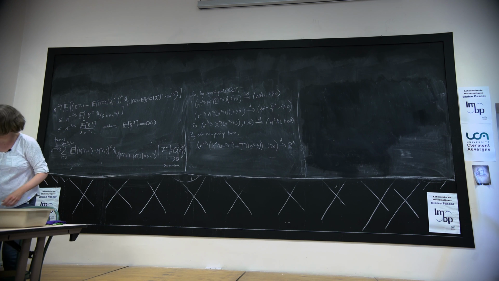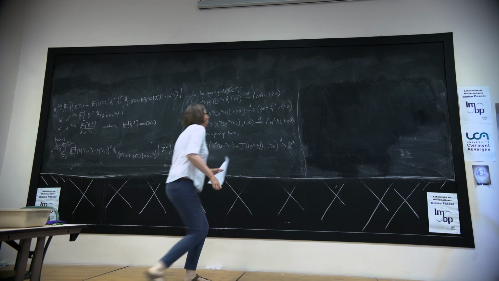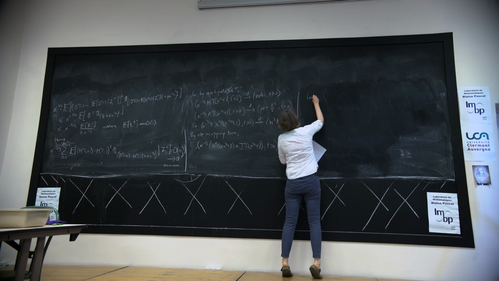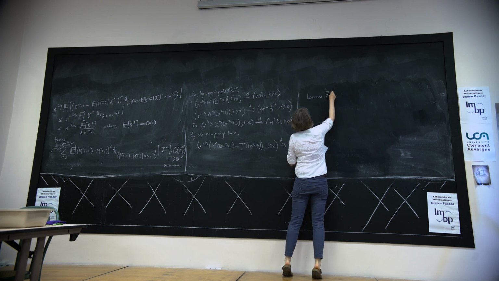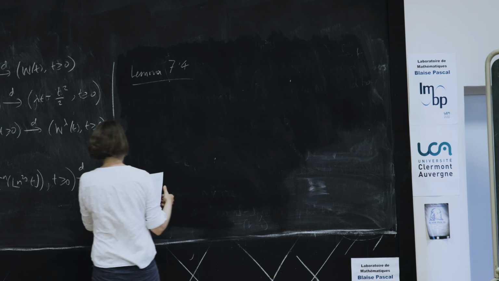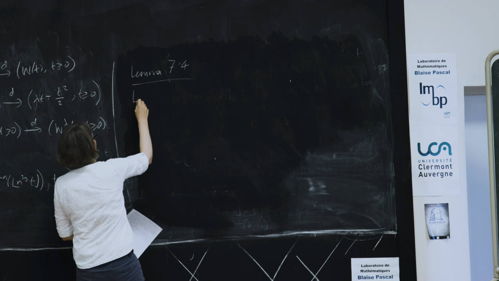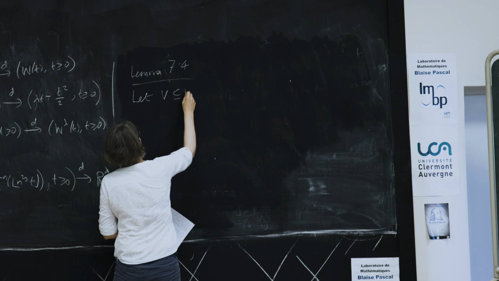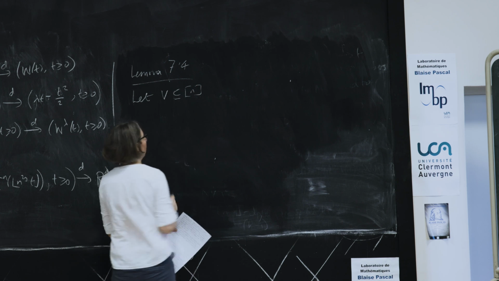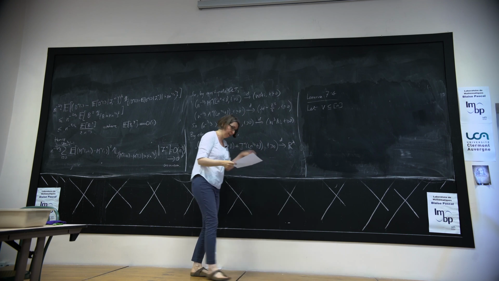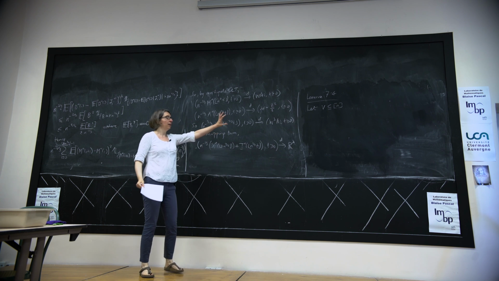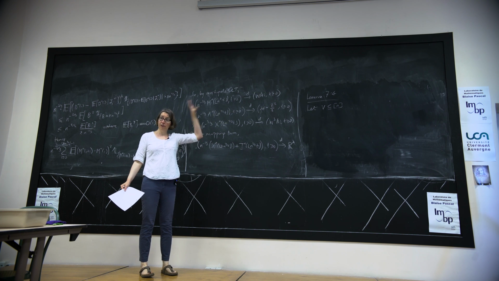So I think this is lemma 7.4 in the notes. Okay, so let me take some subset V of my vertex set. So I've got n vertices. Let's condition on the event that V is the vertex set of a connected component.